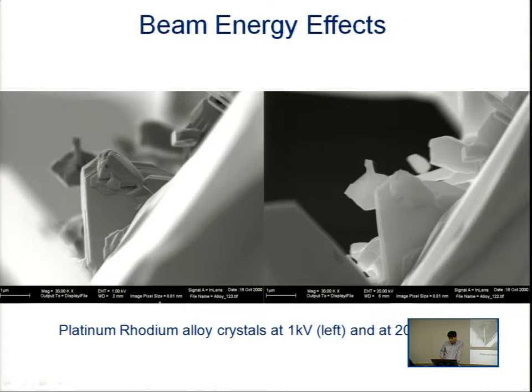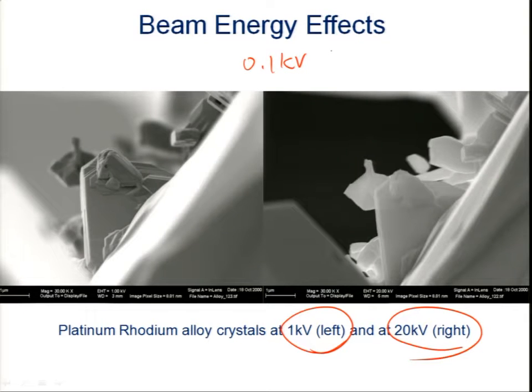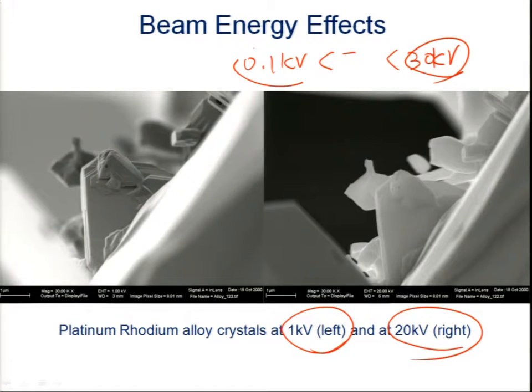Another factor we can play with is the primary electron beam. We can increase the electron beam energy from 0.1 kilovolt up to 30 kV. That is the high tension, in other words.